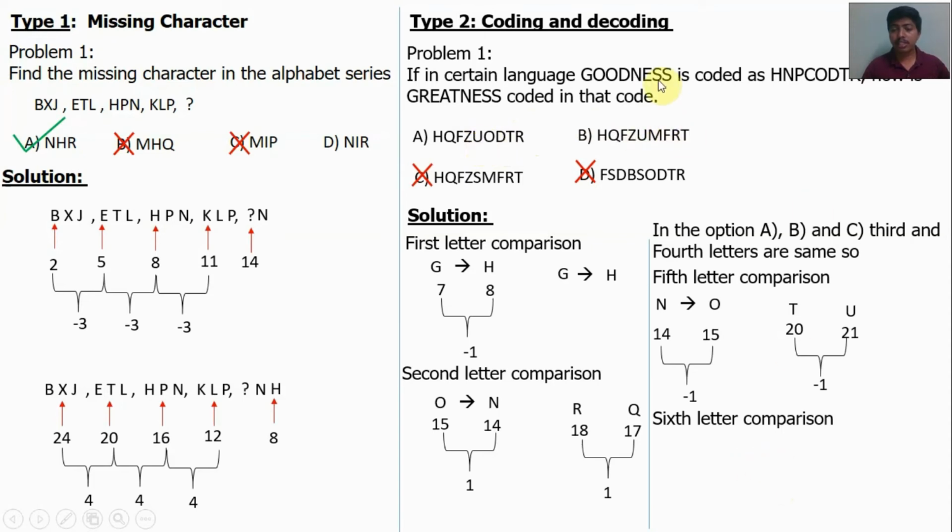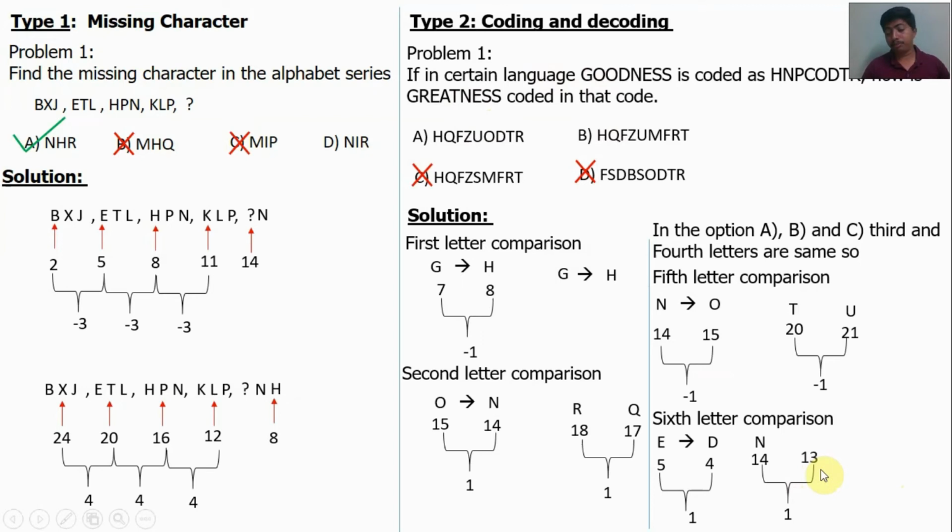Here the sixth letter E is coded as D. E means 5, D means 4, so the difference is 1. The same difference should be here. The sixth letter is N. The position of N is 14. The difference should be 1, so if it is 13, then only the difference will be 1.